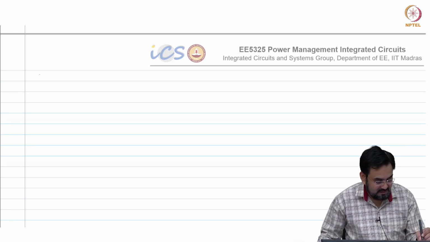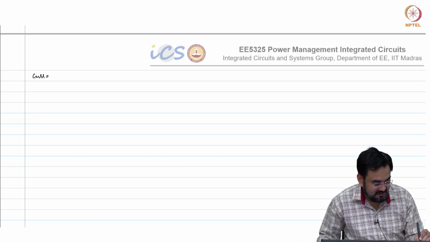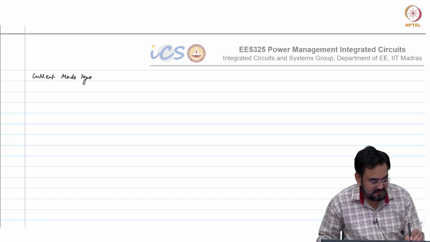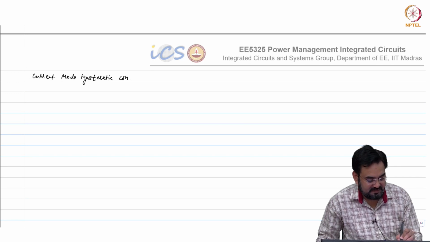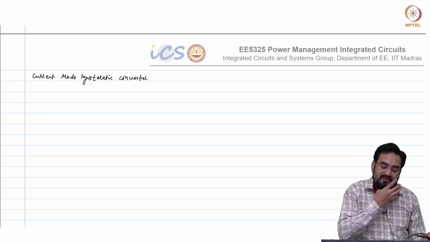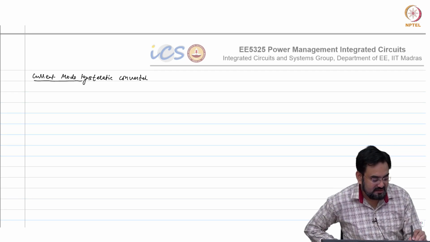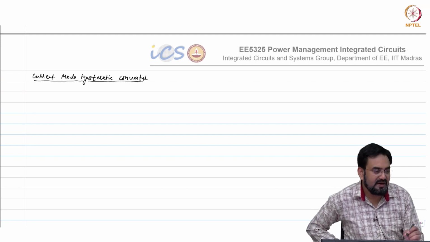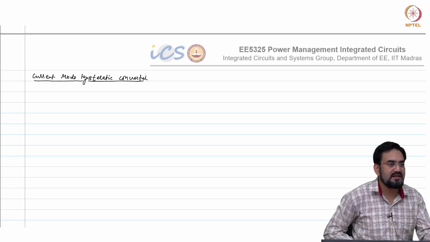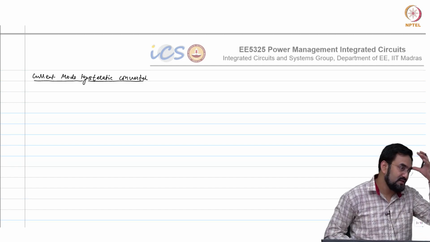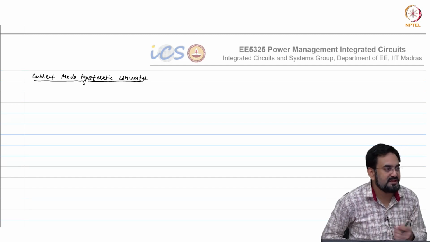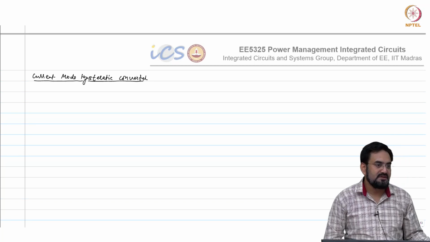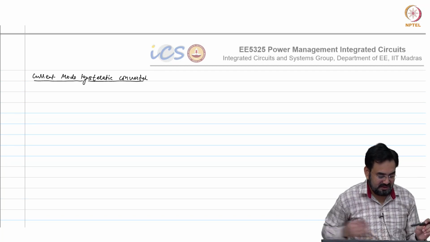So, then we look for current mode hysteretic. We want the ripple in phase with the inductor current, so why do not we just sense the current and generate the ripple out of that, rather than relying on the output voltage, because we know the output voltage is 90° out of phase from the inductor ripple current.